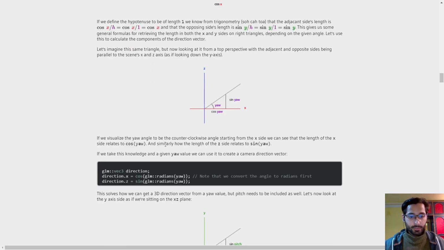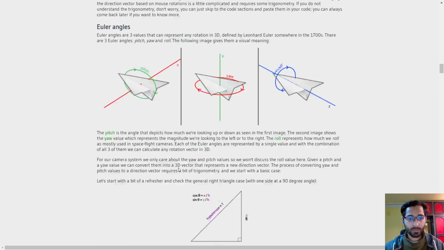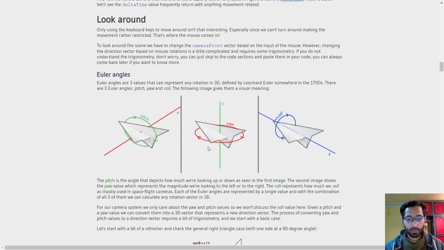If we visualize the yaw angle to be the counterclockwise angle starting from the x side, we can see that the length of the x side relates to cos of yaw, and similarly the length of the z side relates to sine of yaw. Okay, going up here, yaw is this.